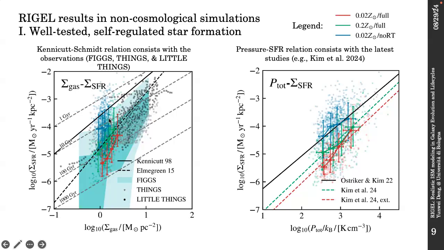However, just maybe 4 months ago, Kim and Ostriker submitted another paper and provided some new metallicity-dependent fitting functions for this relation. And you can see our results are consistent with theirs very well. So it's a robust result.